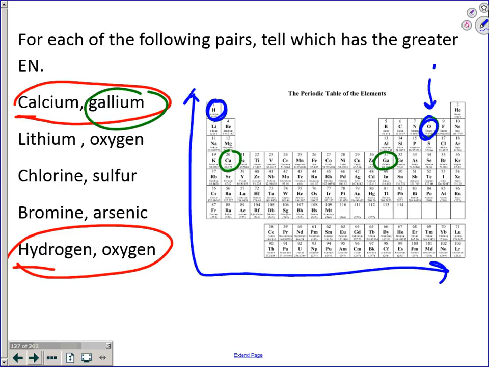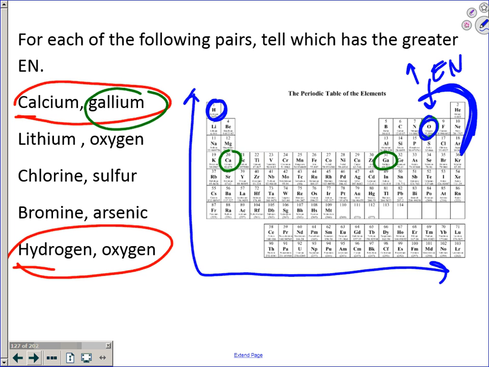So definitely this one has a higher electronegativity because this whole corner over here is closer to the noble gases, so they're more eager to take on an extra electron if they could, even in a shared situation like a covalent bond. So this one is going to be the highest because it's not only highest in the group, but also farthest over in the period. Okay, so think about the definitions as well. It might help you a little bit.